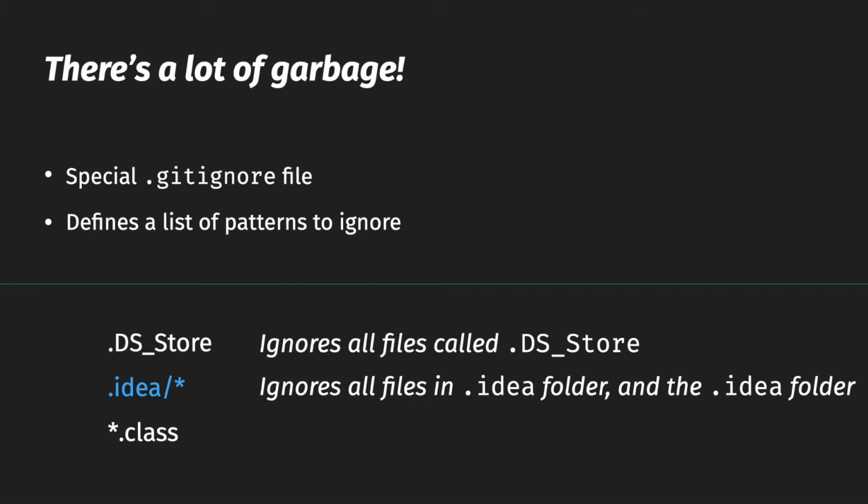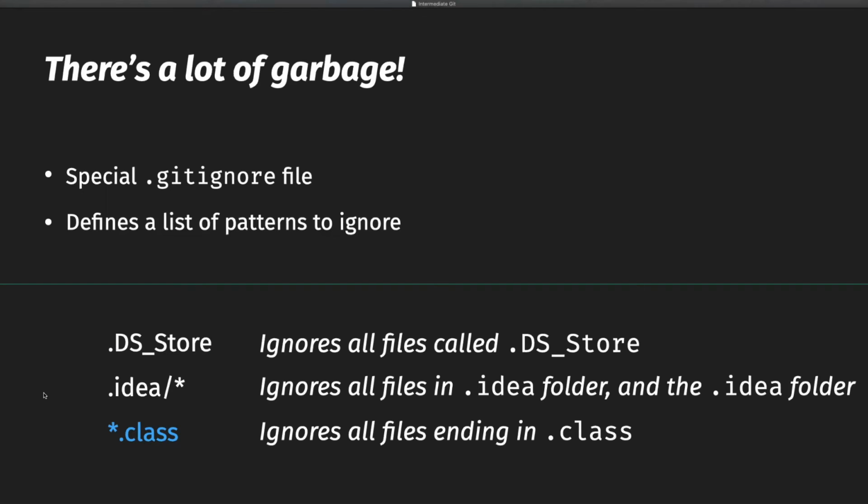This is useful for things like the .idea folder. If you're in Swift, there's an .xcodeproj folder you might not want to keep. And the final pattern is using * dot and then some extension. If you're working in Java, for example, it may be helpful to add *.class, because that will ignore all class files.